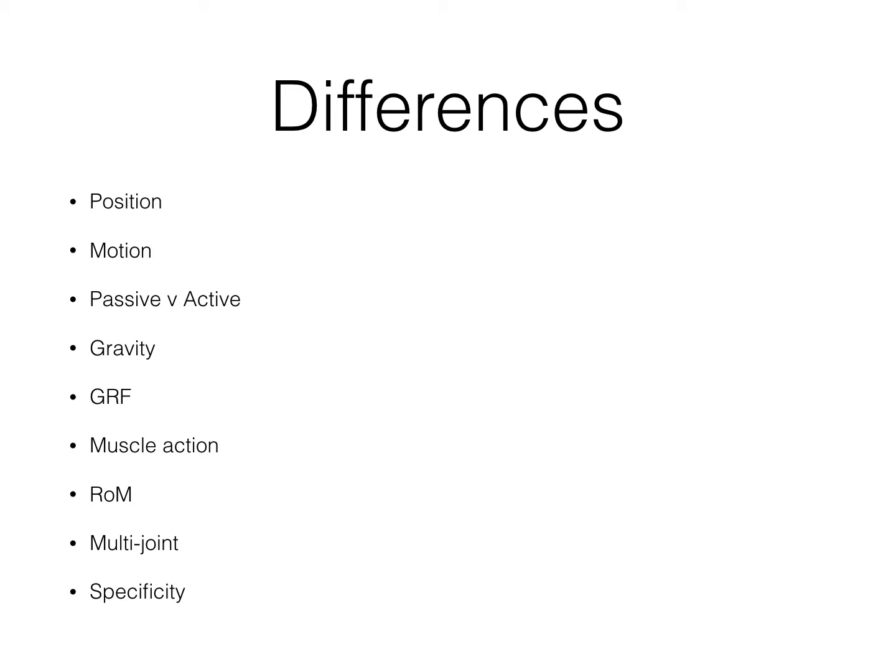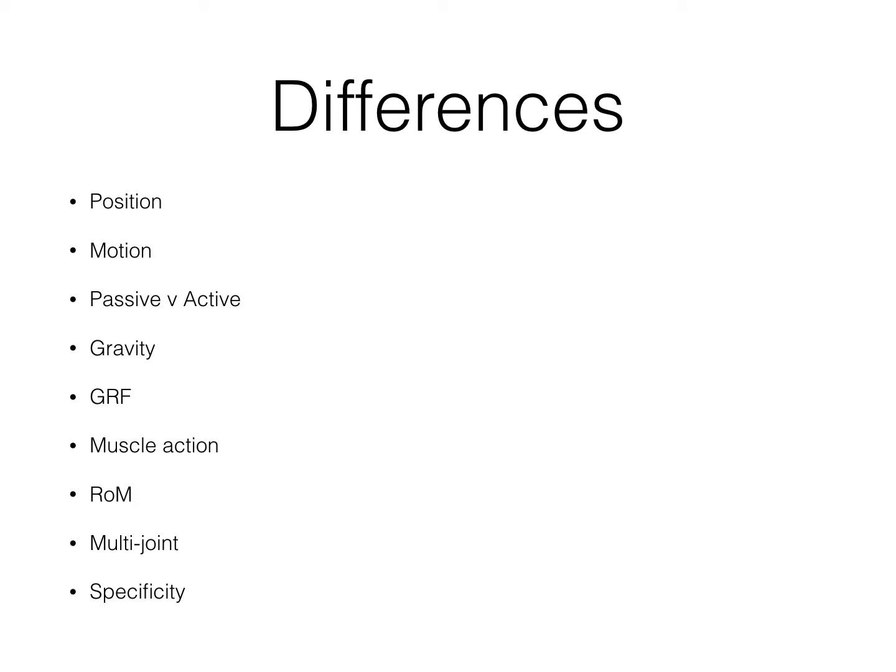Passively we should have more range than active. And then if we're looking at functional movements, we're going to be looking at more multi-joint motions. So there's obviously lots of pros and cons to both, which is why utilising both methods of assessment is probably going to be the best way forwards.